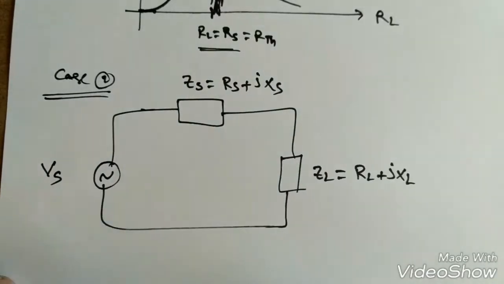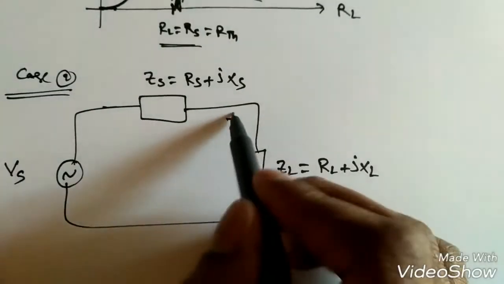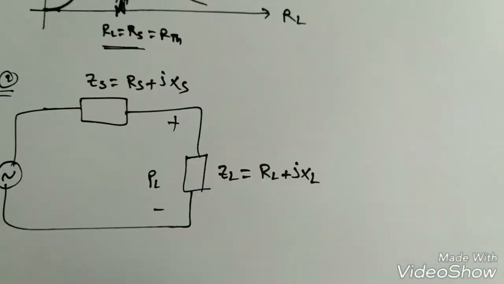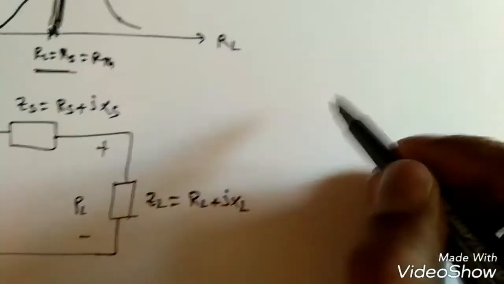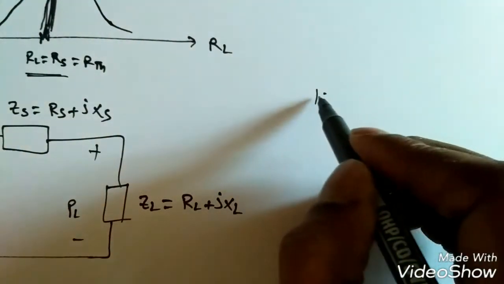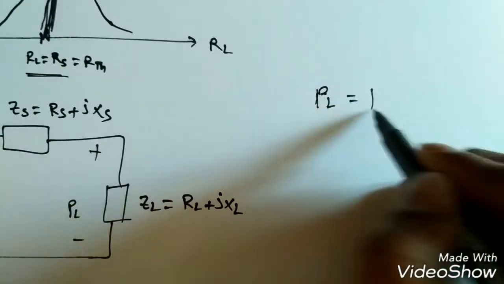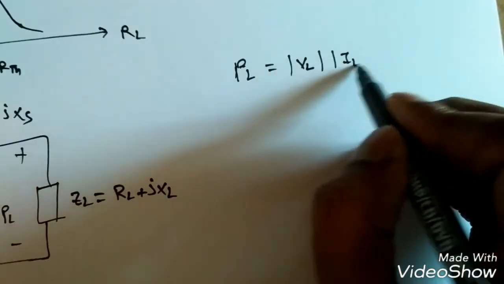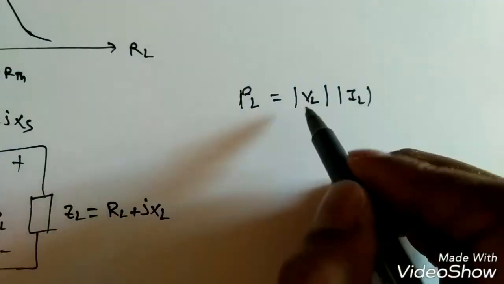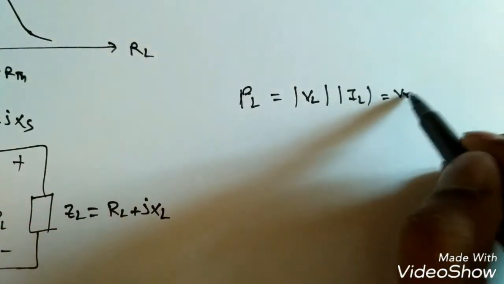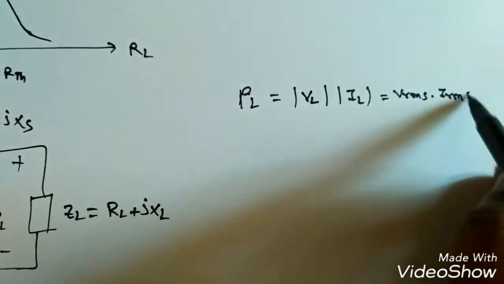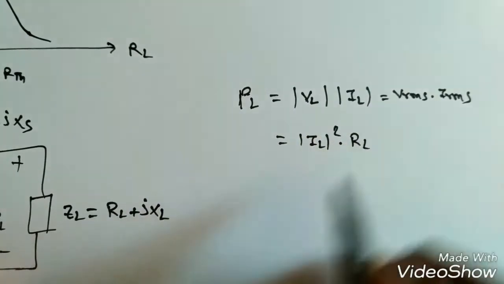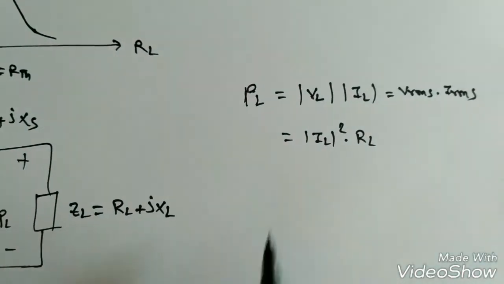Now how to find this load power PL max, and what are the conditions? Remember, whenever it is complex, we'll find the magnitudes. So PL is equal to either VL into mod of IL, or VRMS into IRMS, or mod of IL square into RL, or mod of VL square by RL, etc.